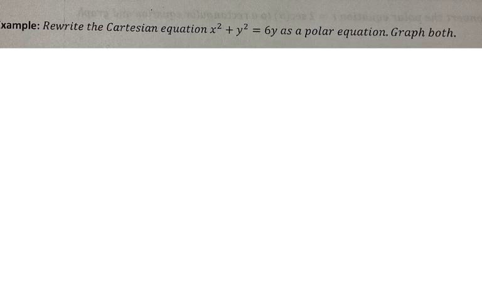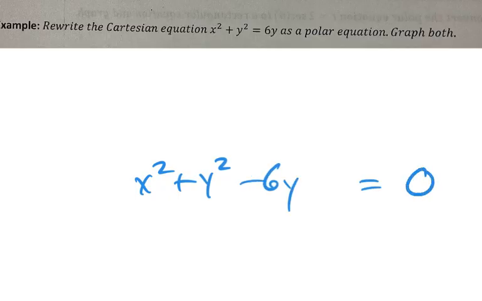So, I'm going to show you, but don't write this down. This is what you would have to do if you didn't know polar. If I wanted to know where this circle was centered, you should have done this in Algebra 2. I move the 6y over, it becomes negative.